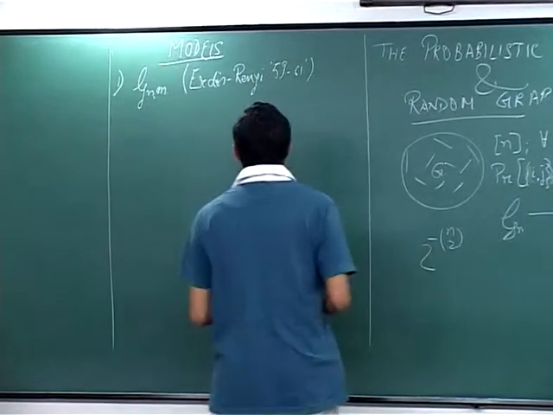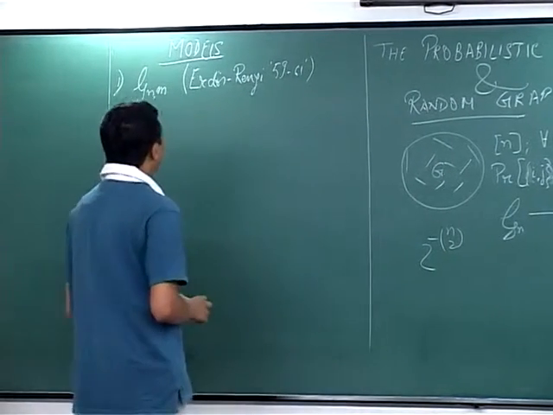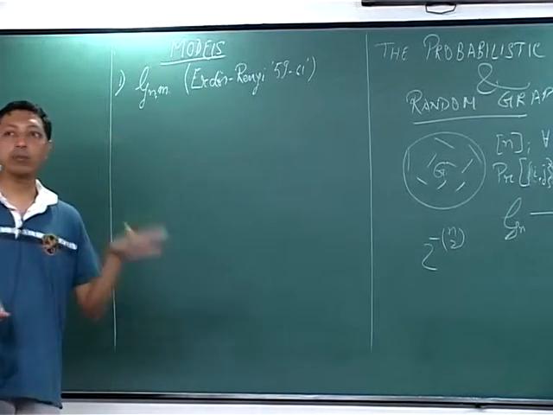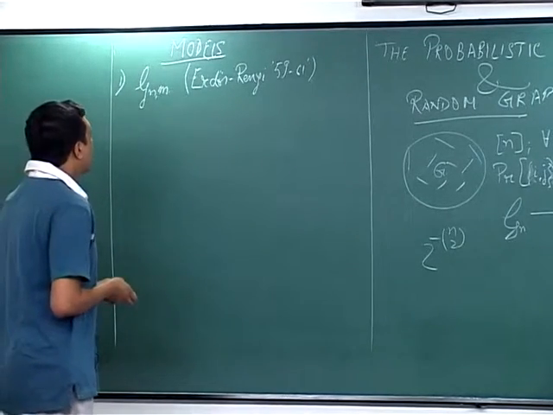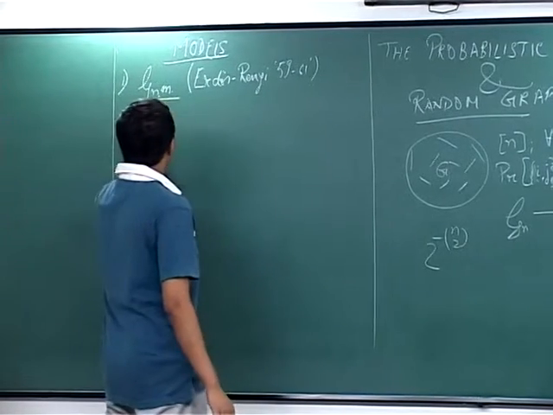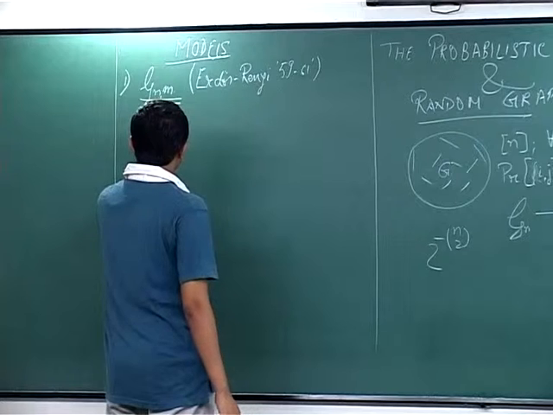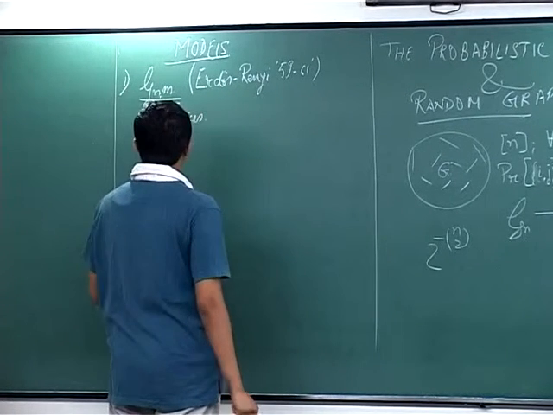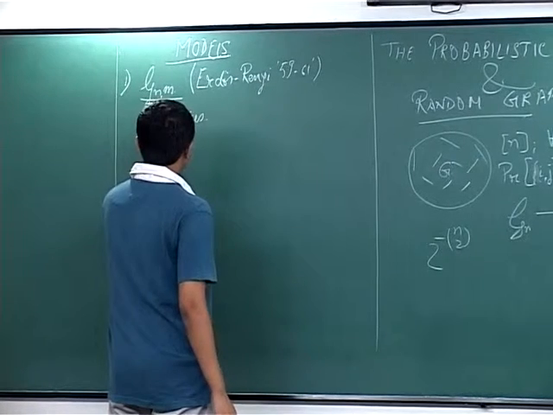There were several papers which really initialized the study of random graphs in a big way. The model that they were primarily looking at is this G(n, m). What you have here is n vertices and m edges.